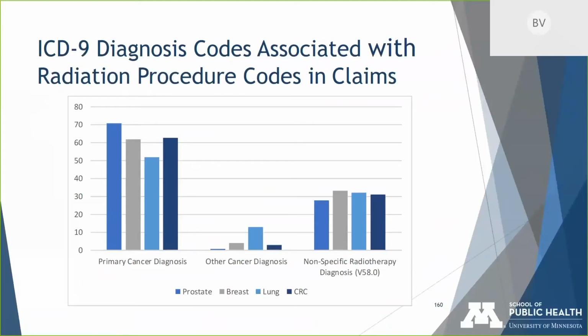And you'll see here that they may not be as informative as you would like to try and understand and distinguish between treatment to the focus on the primary site versus secondary spread. Overall, the majority of cases do have a diagnosis code for that primary cancer of interest. You see some variation of reporting for other cancer diagnoses, and then a fairly large proportion that have just this non-specific radiotherapy diagnosis code. So this might not provide you with a level of detail to really understand what the primary target of radiation therapy would be.